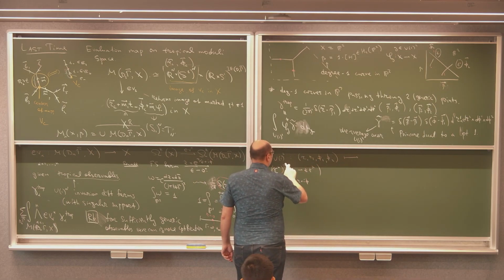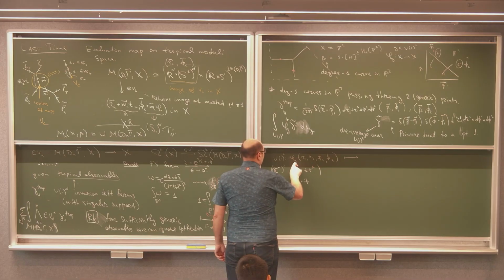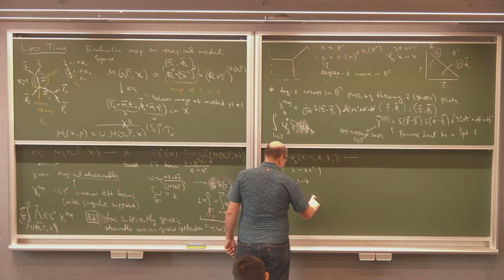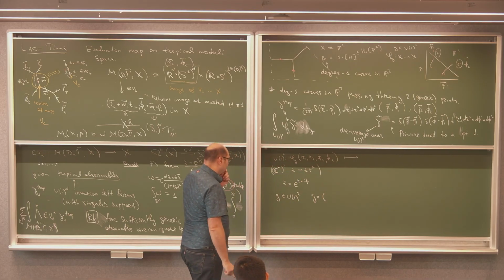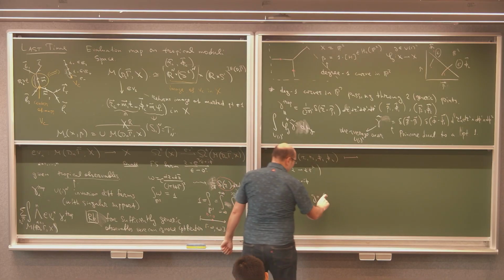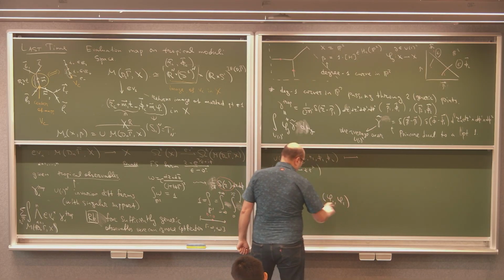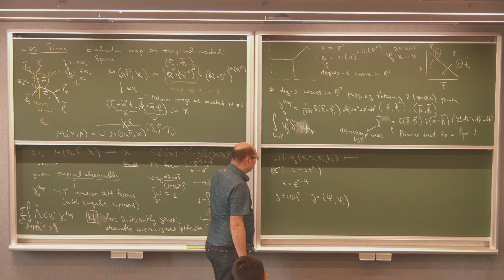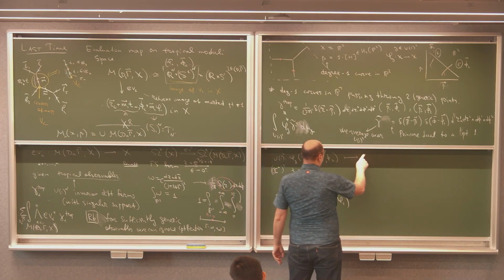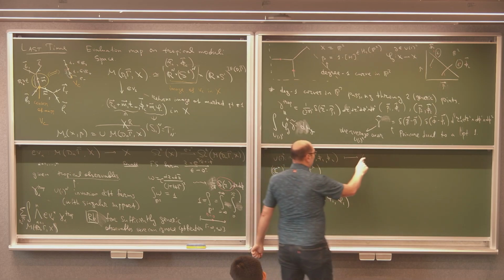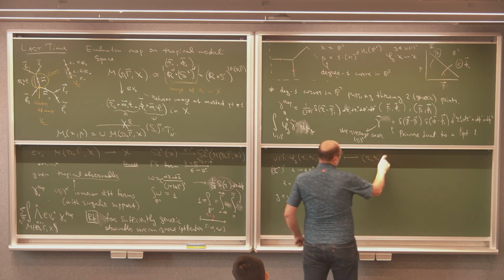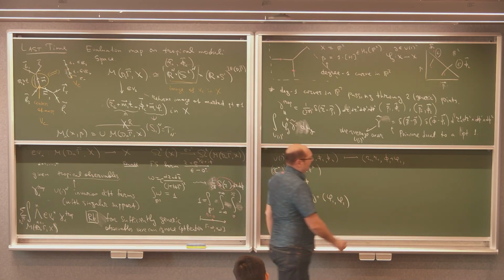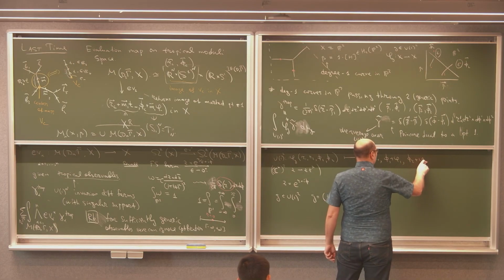And if we choose an element G, so G belongs to U1 square, we can say that G is a pair of angles. Let me temporarily call them calligraphic phi1 and phi2. So it is a pair of angles, and the action of element G on a point with these coordinates just adds calligraphic phi1 to phi1, and calligraphic phi2 to phi2.